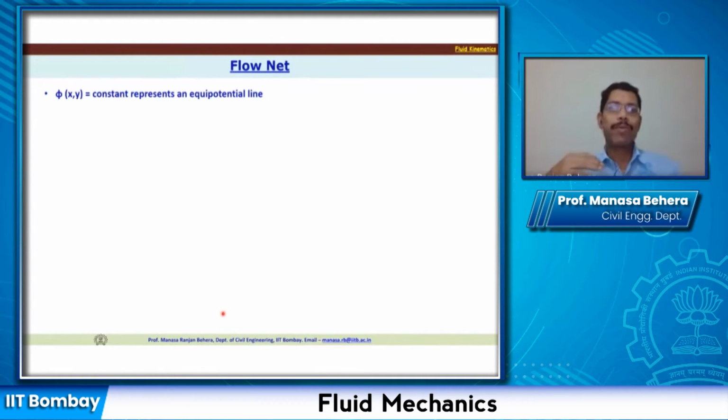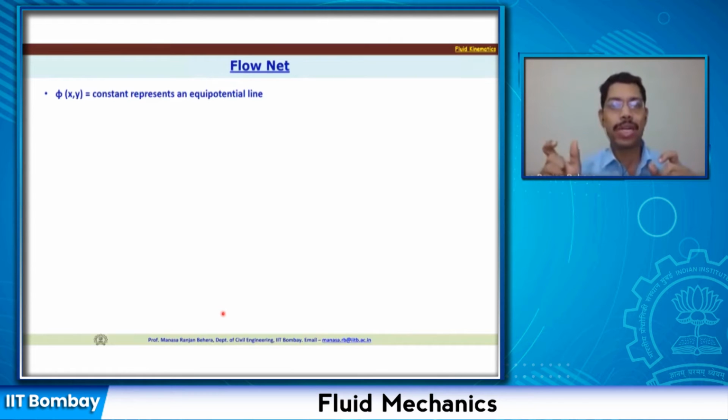When I am talking about flow net, before I understand the flow net, let me understand what an equipotential line is. I have already discussed slightly earlier that when you take the function phi(x,y) and equate it to a constant, you get a line, and that represents your equipotential line. Okay. So if phi(x,y) is constant, what will happen to dφ? dφ is going to be 0. All right. So now if dφ is 0, I know phi is a function of x and y.